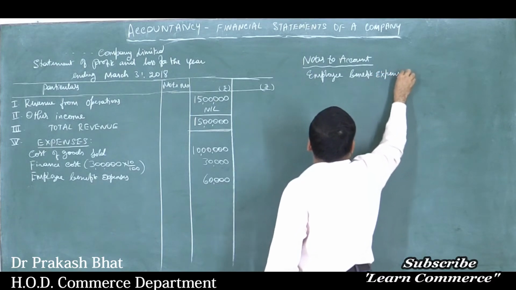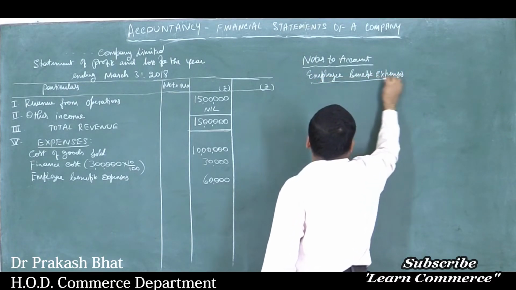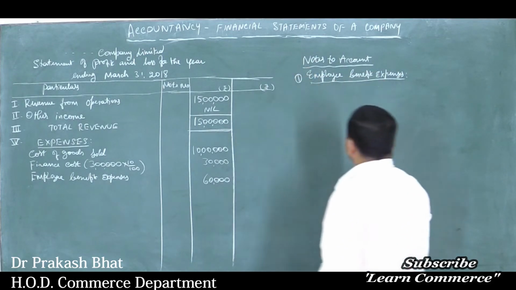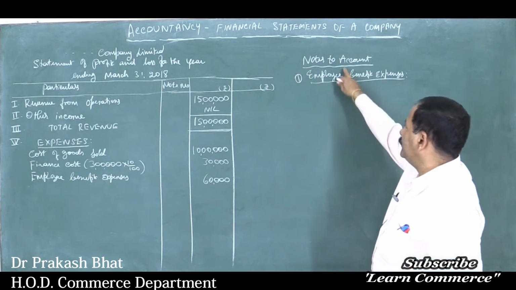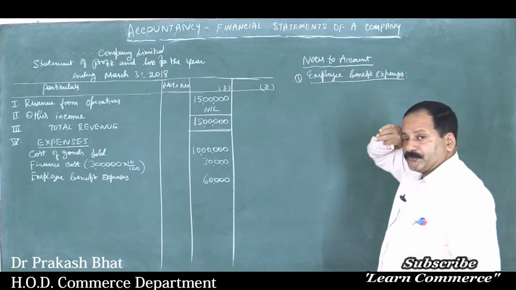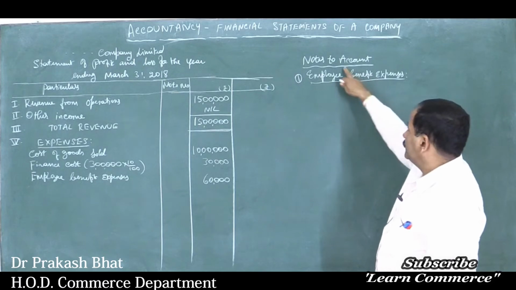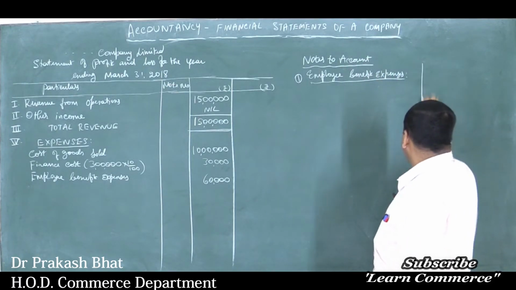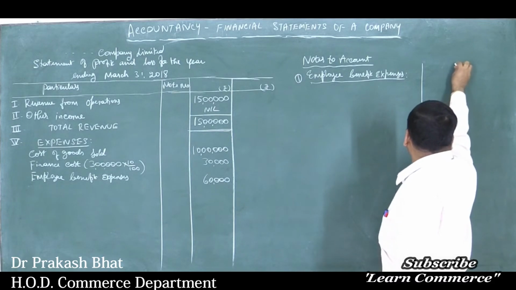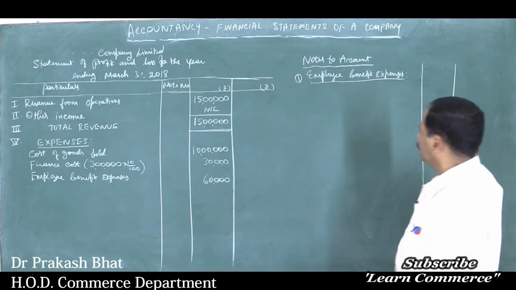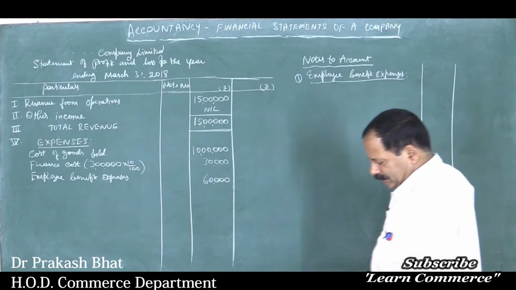This is note number 1. You have to write particulars, then amount in rupees; 2 amount columns you should provide. Remember, particulars and amount in rupees, 3 columns in all. Clear? Make sure of it. Under that, write one by one.